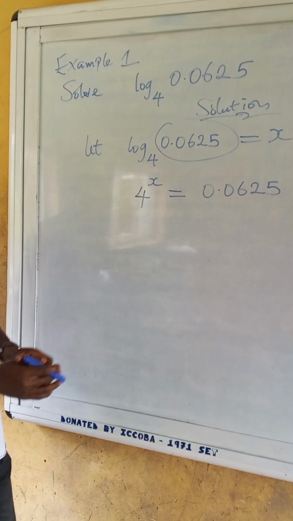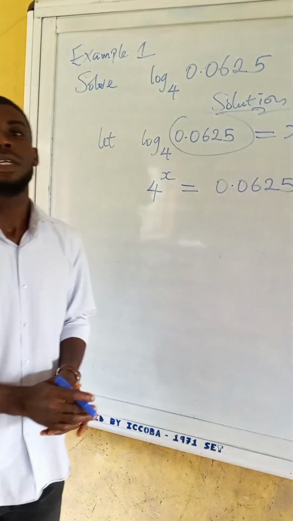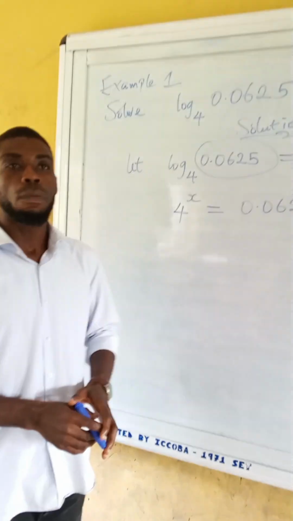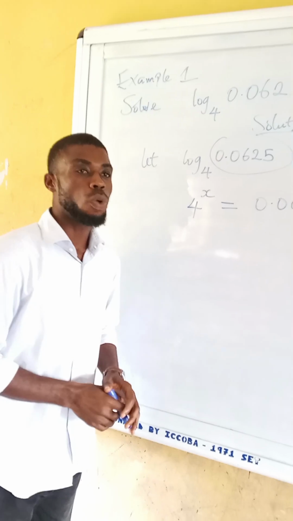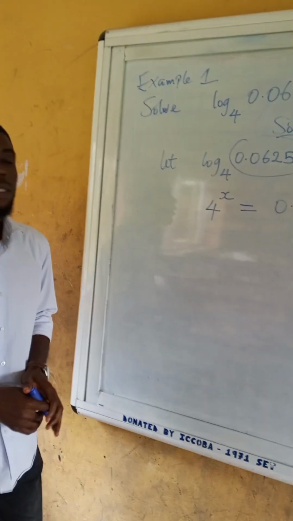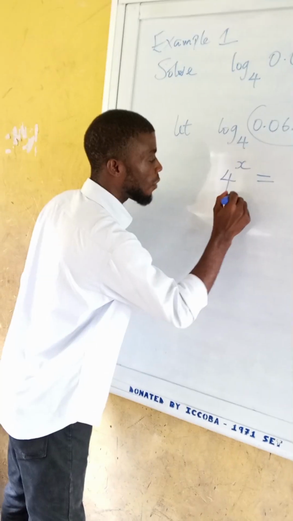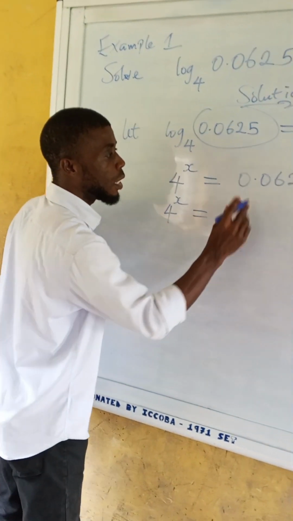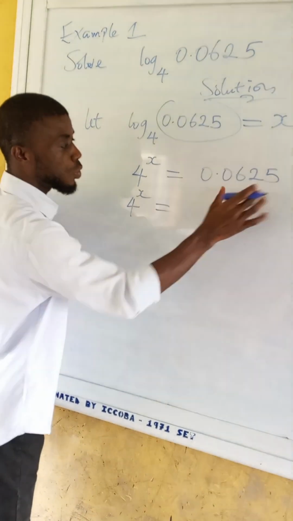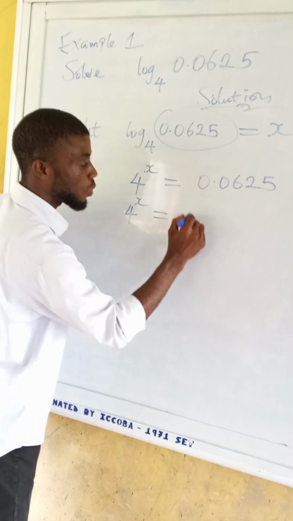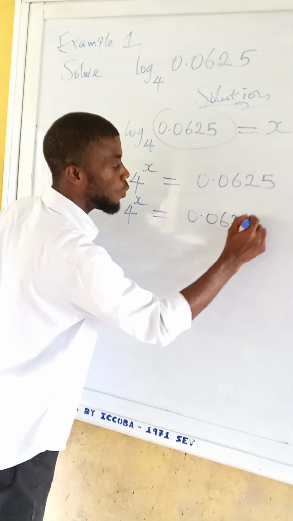The first thing is, my right hand side is a decimal number. The best thing I want to do is what? To express this as a fraction. So we can say that 4 raised to the power x will also be, when we convert this to fraction, how do we convert to fraction? This is 0.0625.